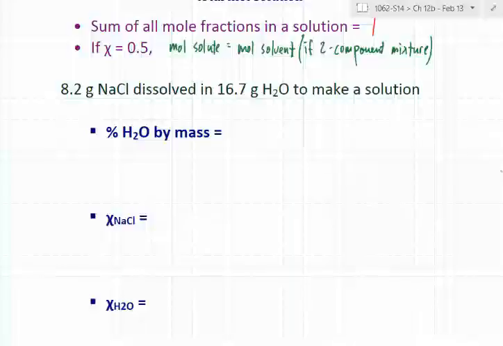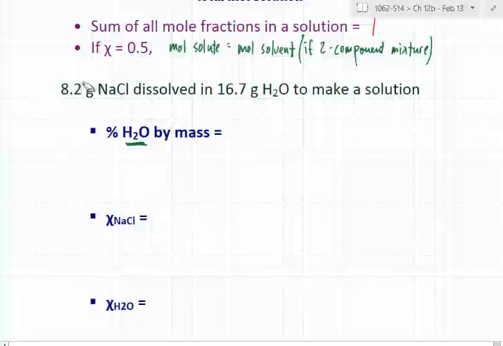So let's calculate percent H2O by mass. Percent NaCl wouldn't be tough, right? You'd just do, well, here, let's just talk about percent H2O by mass.